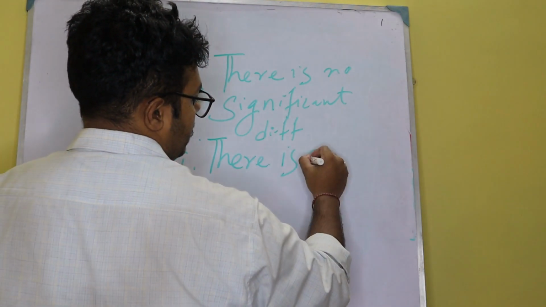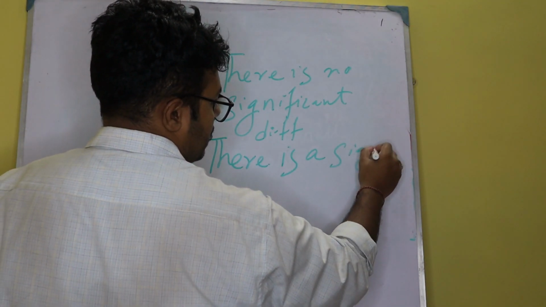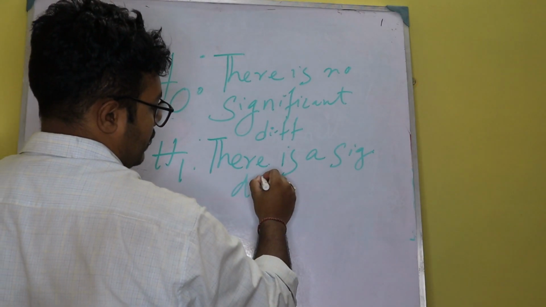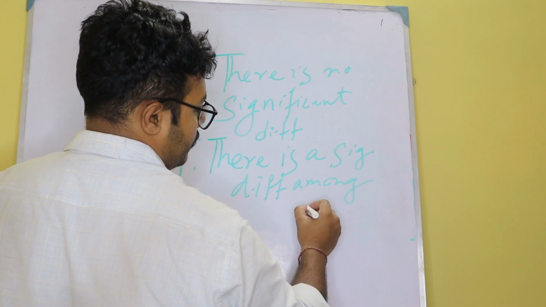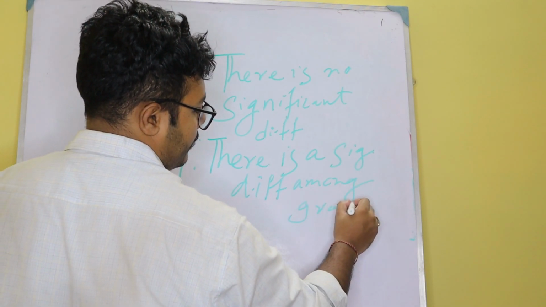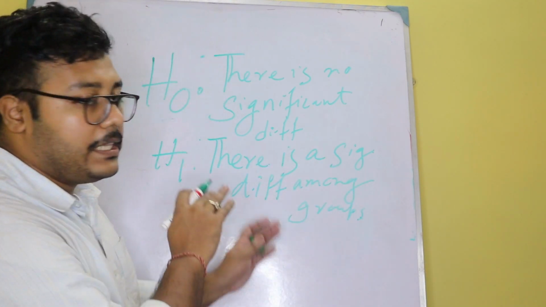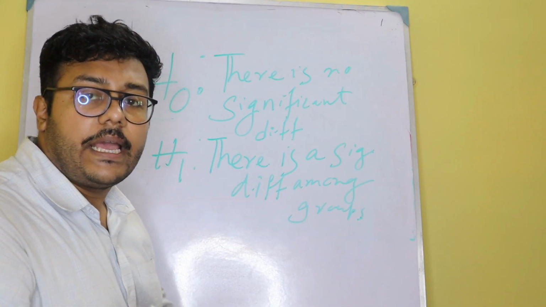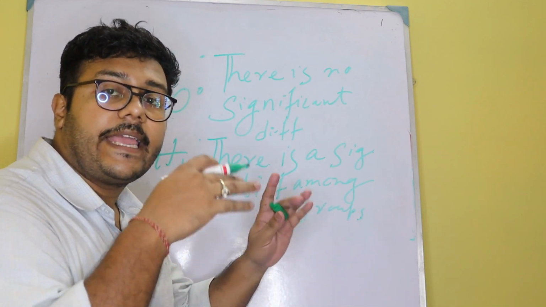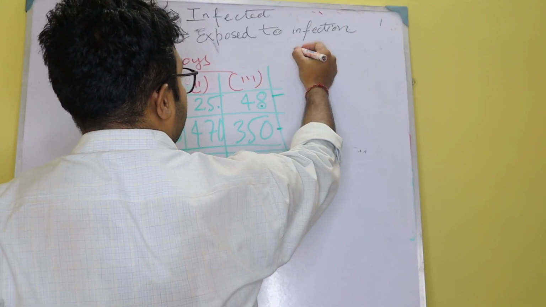There is a significant difference among groups. So this will be the null and alternative hypothesis which we have to remember, and based on this we have to calculate the chi-square. I am writing here.